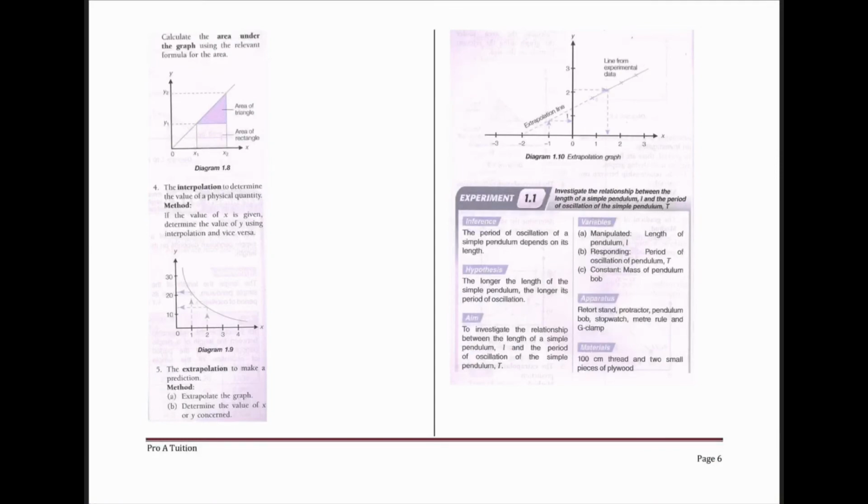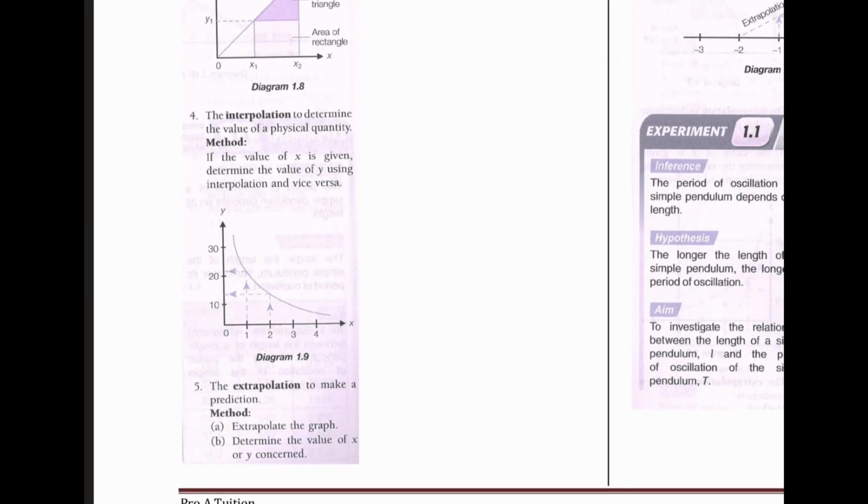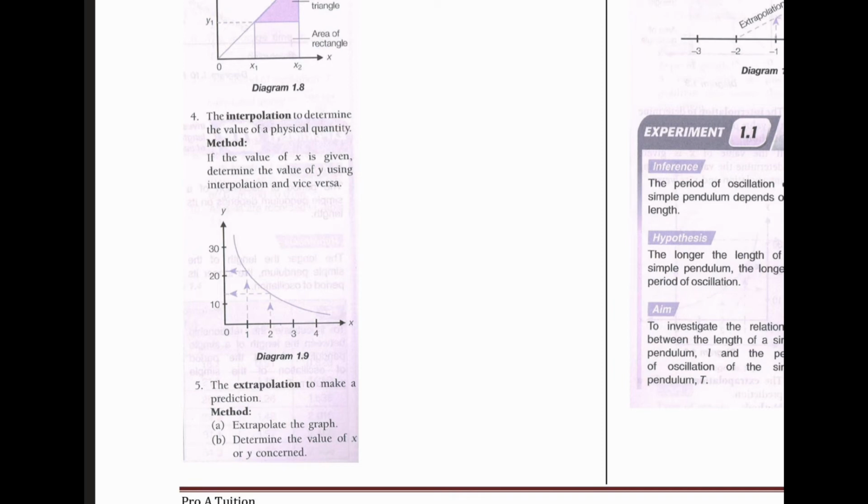Now let's look at number 4, the interpolations to determine the value of a physical quantity. So you see the method. If the value of x is given, determine the value of y using interpolation and vice versa. So that means you have a graph like this.